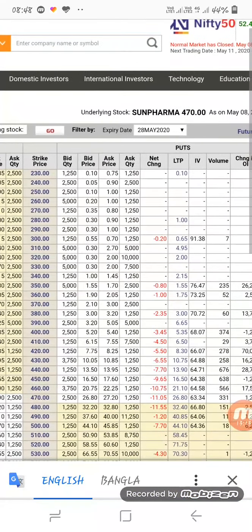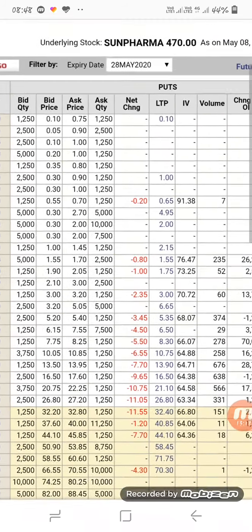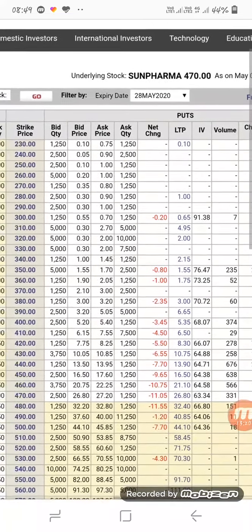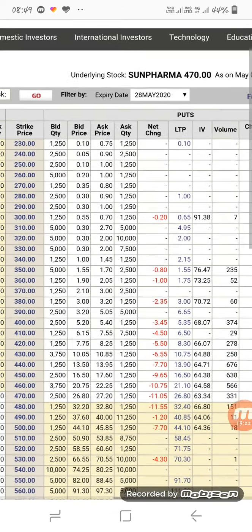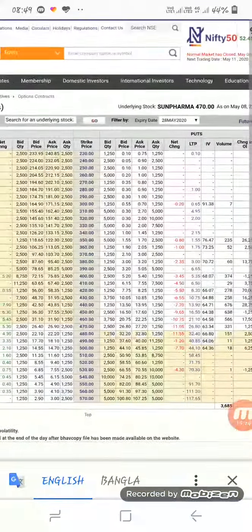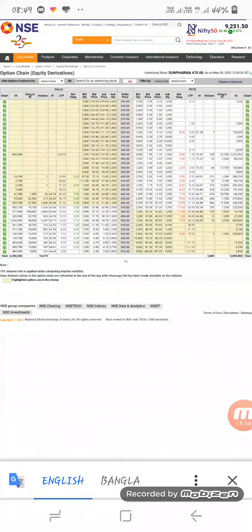But in derivatives we can just buy a put option, and we need to pay a minimum amount of just 16.50. So the derivative market here is quite simpler. But I'm telling you, we cannot buy from here.